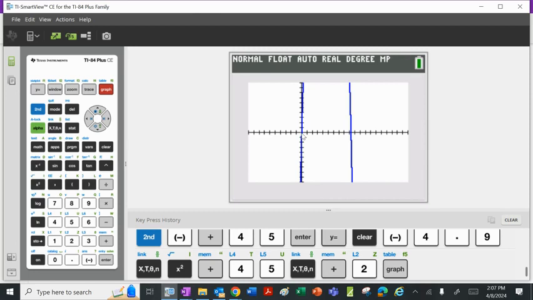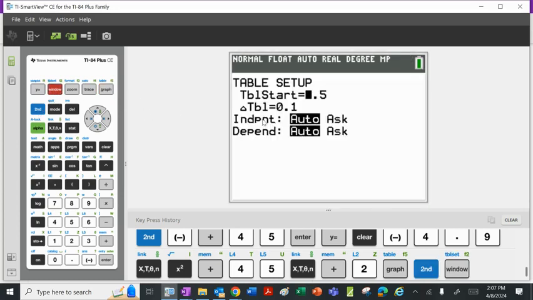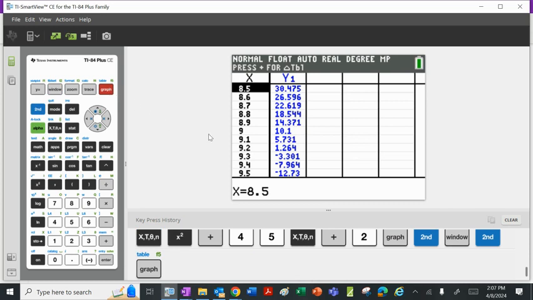You can see that it's crossing somewhere after 9. So go into table set. Start 8.5, and 0.1 is going to work fine. Somewhere between 9.2 and 9.3, this graph crosses from positive to negative. And it looks like it crosses closer to 9.2.